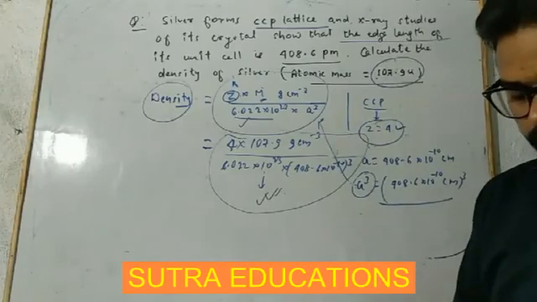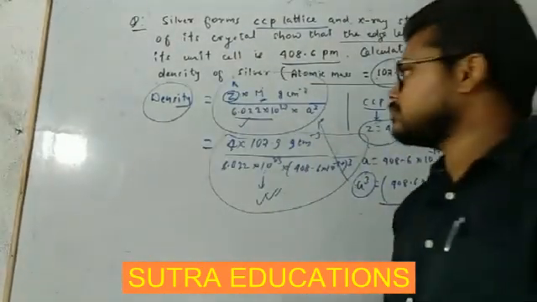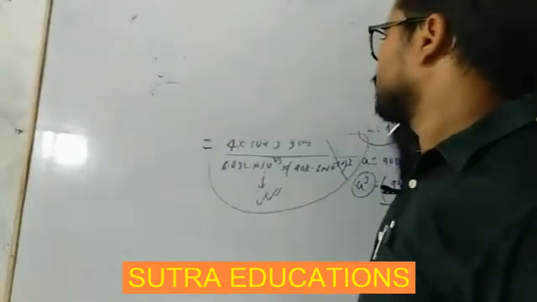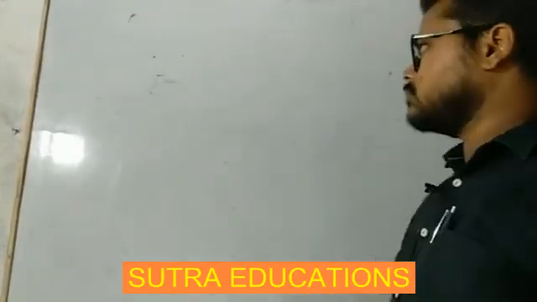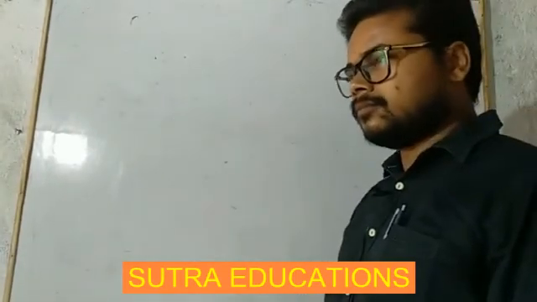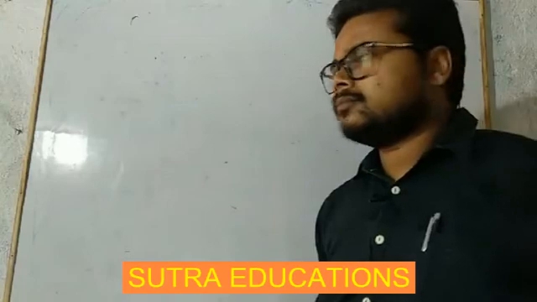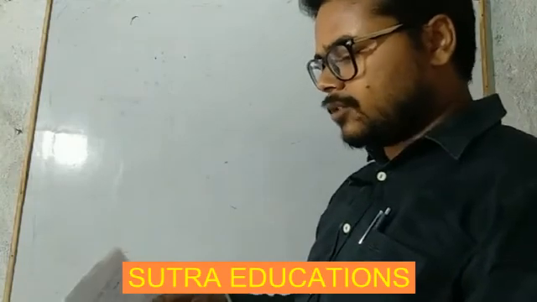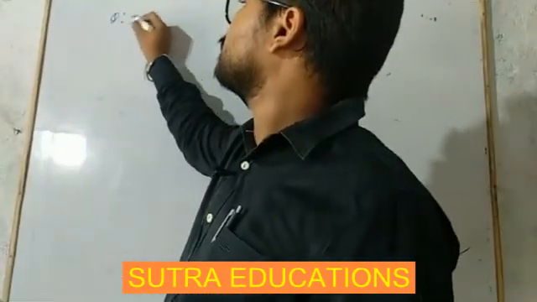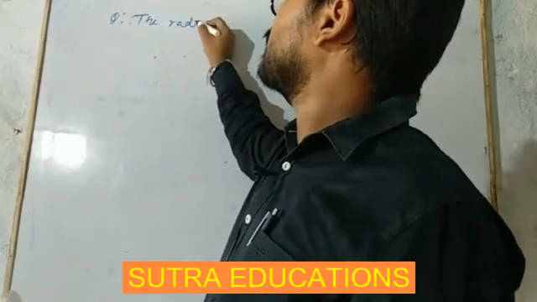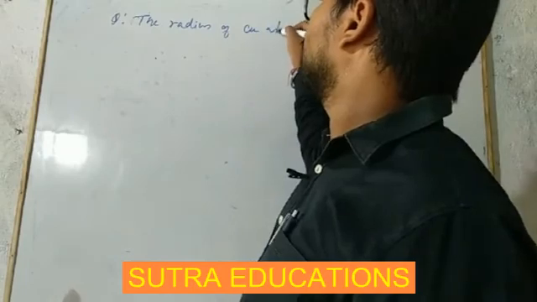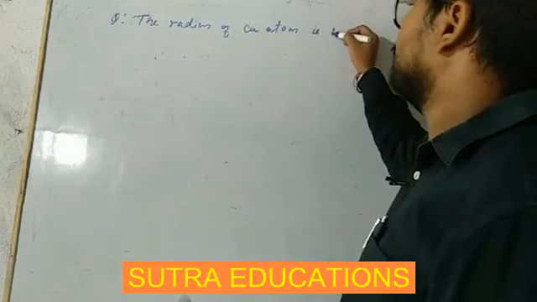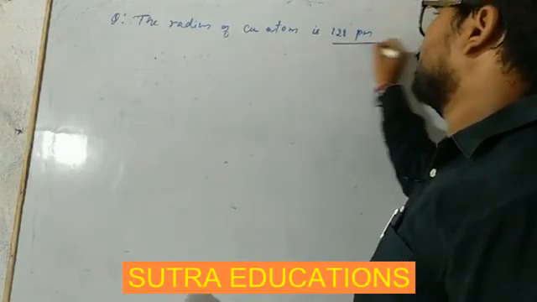Now next question is, the radius of copper atom is 128 picometer.